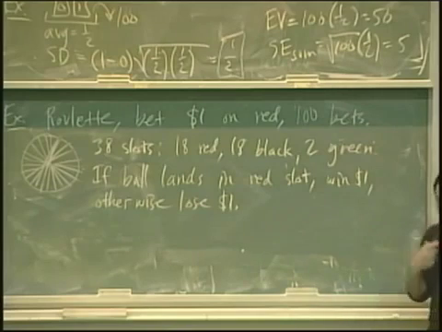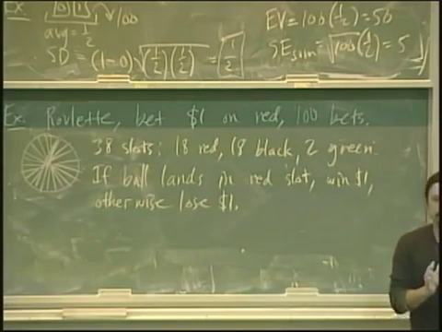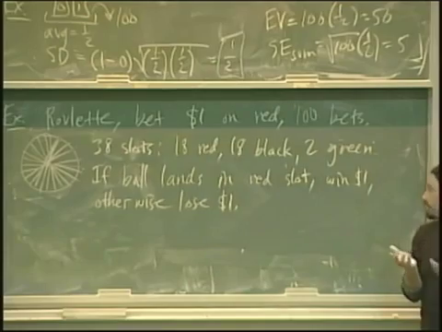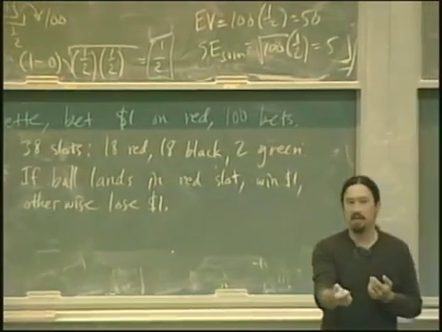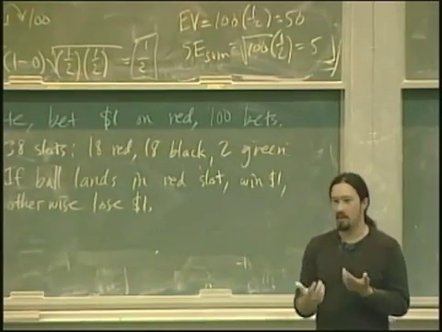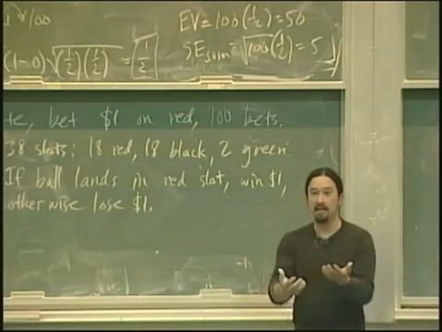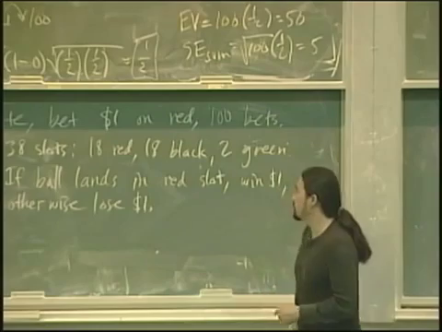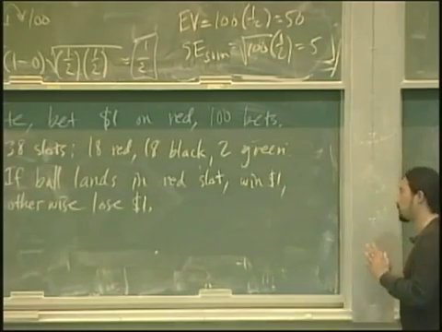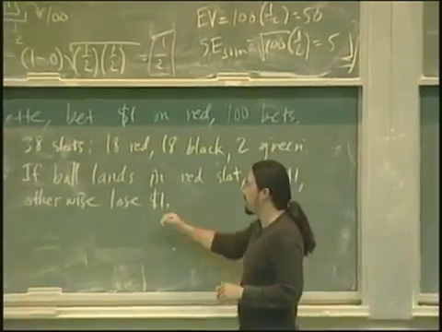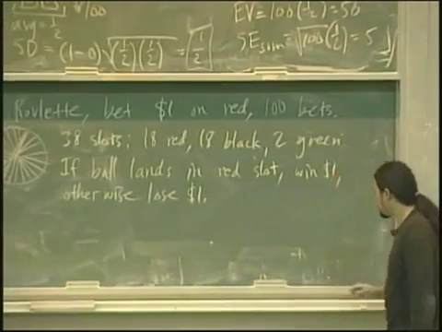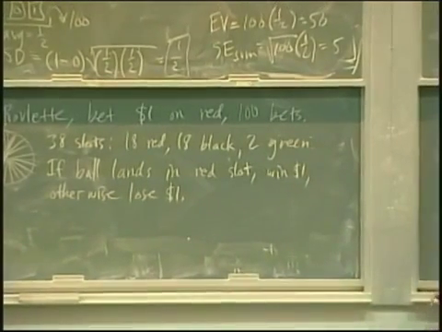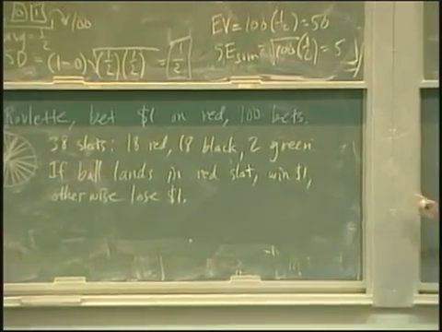I put $1 on the table and wait to see if red comes up. If they give me my $1 back, that's not money that I'm winning, that's breaking even, but then they give me $1, so I win $1. Otherwise you lose your $1 and walk away. Okay, so that's what's happening.